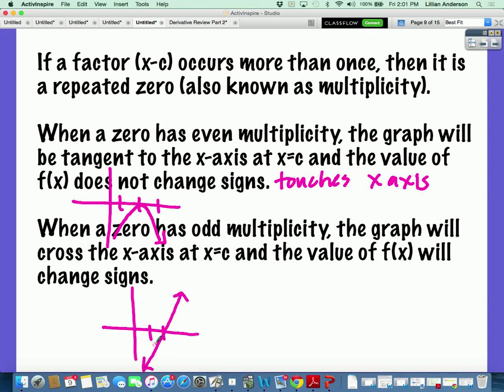Now by multiplicity, again, that means if a 0 occurs more than once. So say you have this problem, you factor it out, and you're solving it down. And you end up getting x equals 1 and x equals 1 again. Well, that's an example of when you would have even multiplicity, because x equals 1 shows up 2 times. Even though it's an odd number, the fact that it shows up twice means that it has even multiplicity, or a multiplicity of 2.